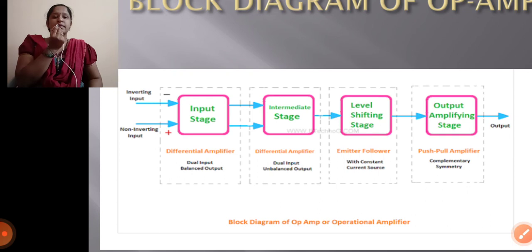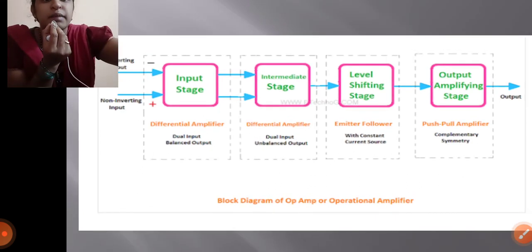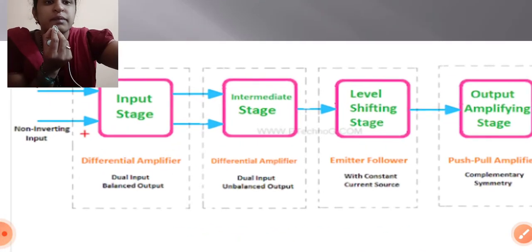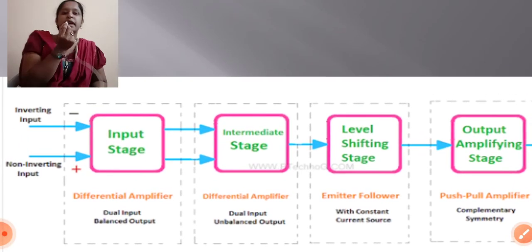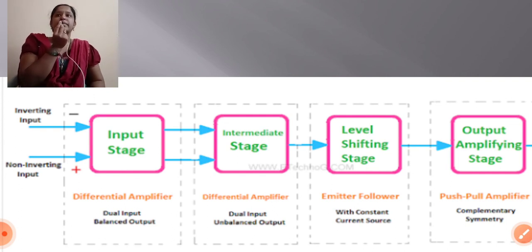The next stage we can call the intermediate stage. They have given the differential amplifier, dual input, unbalanced output, which is driven by the output of the first stage.